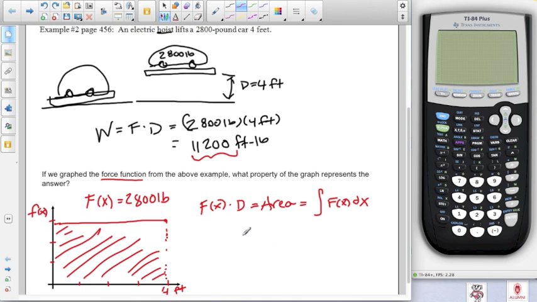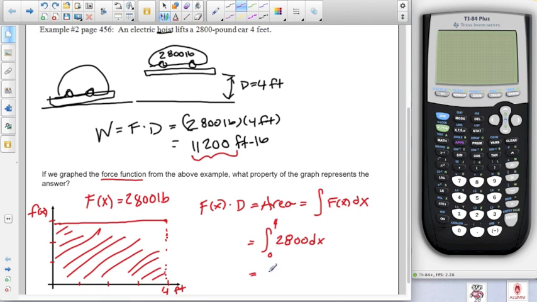And so if we apply that to the constant force, what we would be saying is we would be integrating the force function of 2,800 across that entire distance traveled, which would be from 0 to 4.